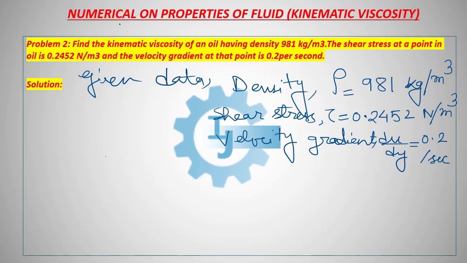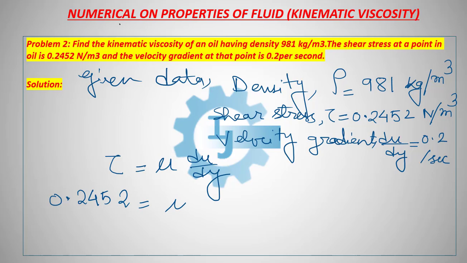We know there is a relation between tau, mu and du by dy, which is given as shear stress tau equals mu du by dy, which is also known as Newton's law of viscosity. Now here the data given is tau equals 0.2452. We don't know the value of mu.